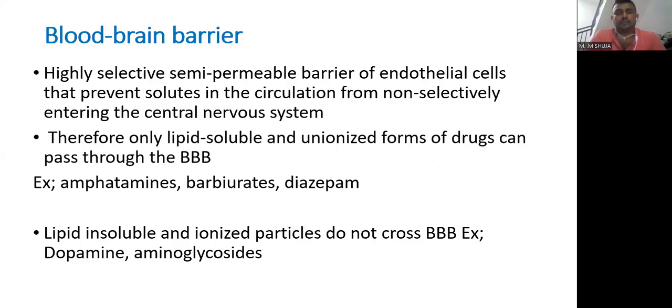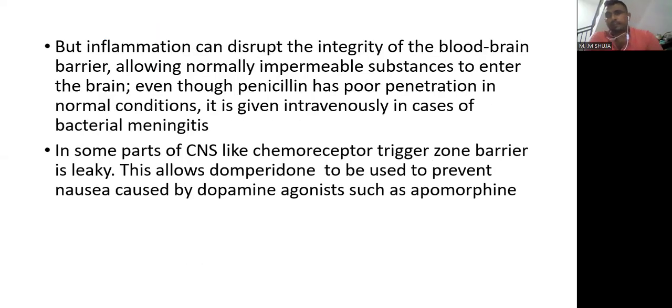Then there's the blood-brain barrier, triple B. Lipid soluble and unionized forms cross easily. But during inflammation, the blood-brain barrier is disturbed. So water soluble drugs like penicillin also enter the brain and work.